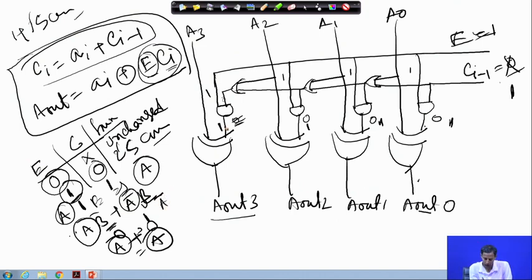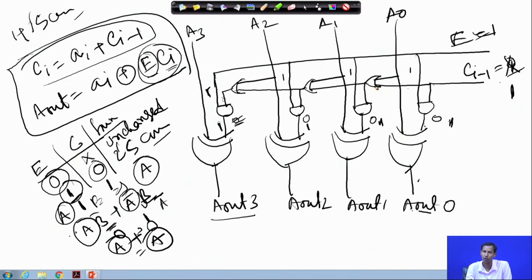Okay. So, here I need 1, okay. Each of these should be 1. So, E I have set already to 1. So, now C i minus 1 is equal to 1. So, 1 and 1 will be 1. So, it will be inverted. So, if one of the OR gate inputs is 1, at that time no matter what the other input is, it will not depend on that.